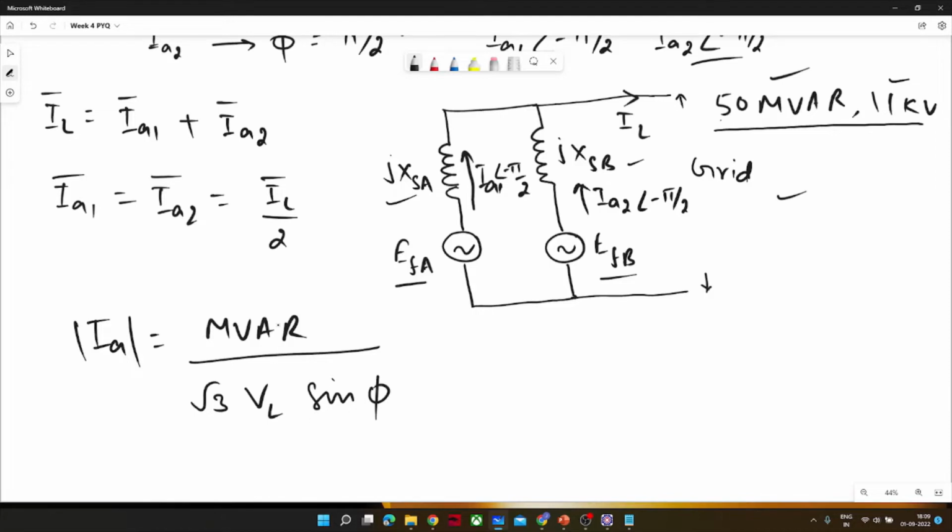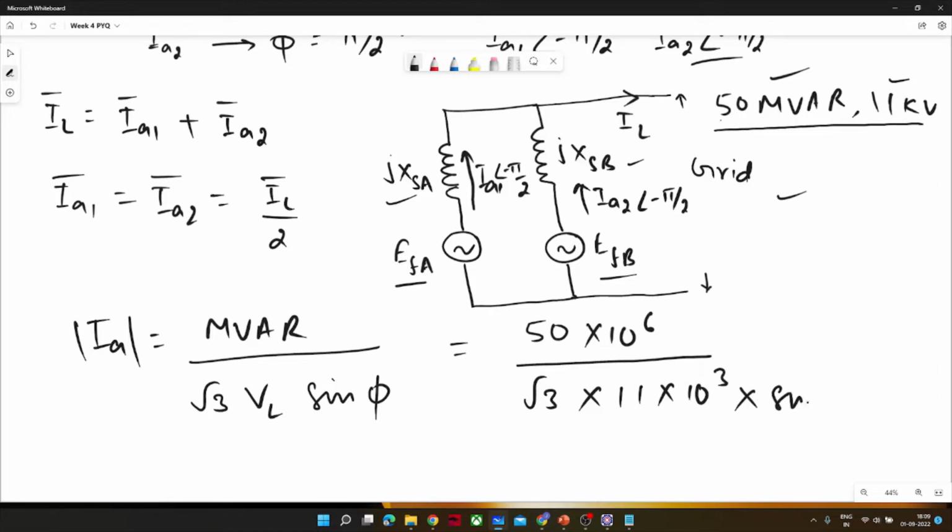Why sine phi? Because it is reactive power. If it would have been apparent power, then I would not have used this sine phi angle, right? So we can calculate 50 into 10 raised to power 6 divided by root 3 into VL, which is 11 kV, into sine 90 degree.